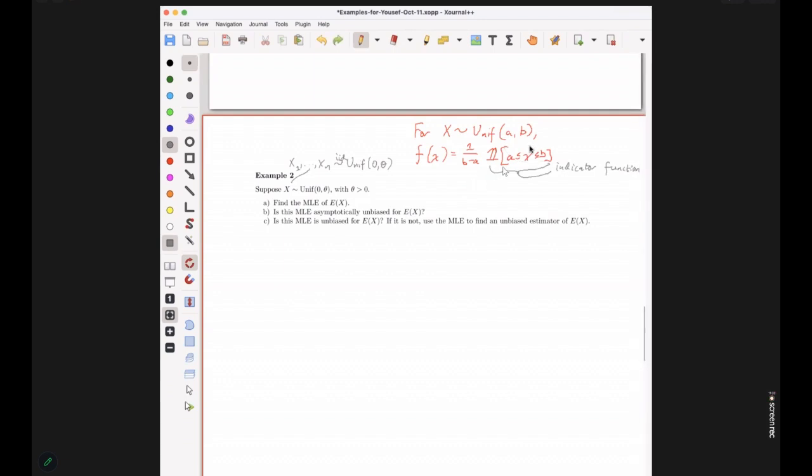So whenever x is between a and b, and its value is going to be 0 otherwise. So this is a more succinct way of writing that the density function evaluated at x is 1 over b minus a whenever x is between a and b and 0 otherwise. Does that make sense?